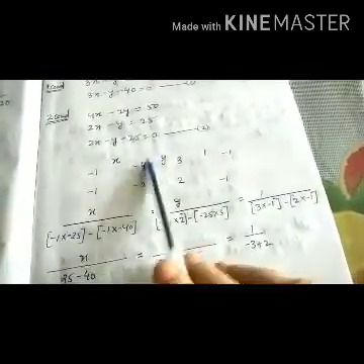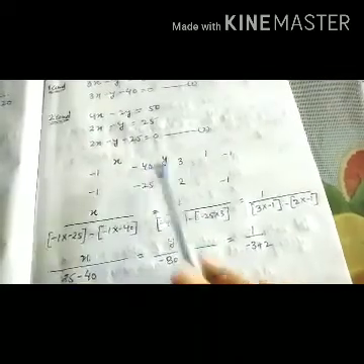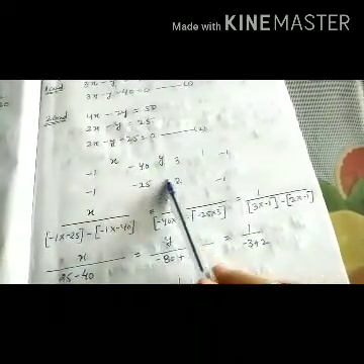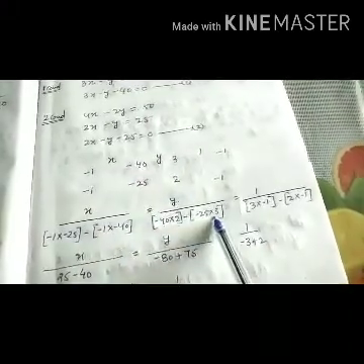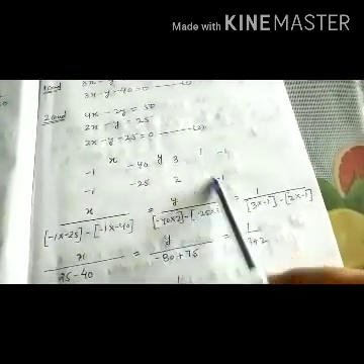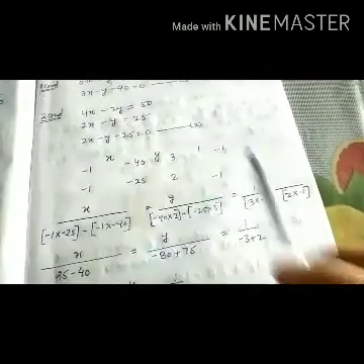Okay. So here we will put the values: minus 1 multiplied by minus 25 minus 1 multiplied by minus 40. For y, minus 40 multiplied by 2 minus minus 25 multiplied by 3 is equal to 3 multiplied by minus 1 minus 2 multiplied by minus 1.